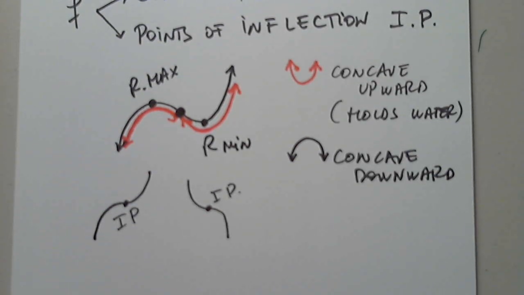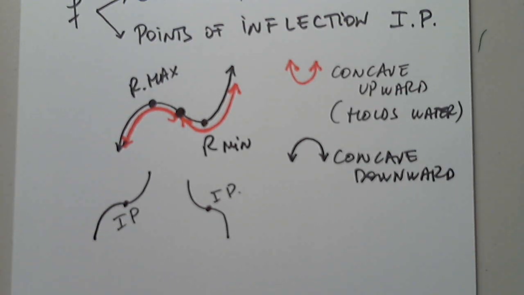So let's look at just one quick graph before we try to start a function. See, it opens up, it opens up, it opens up. Right here, it starts opening down, down, down. Right here, it turns again, goes up, up, up. So it opens up, it holds water. It doesn't.